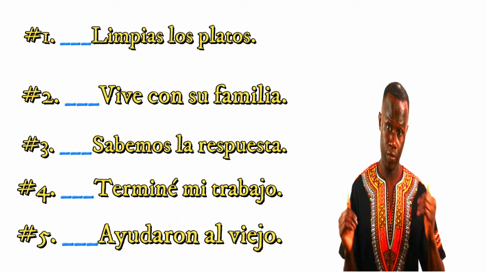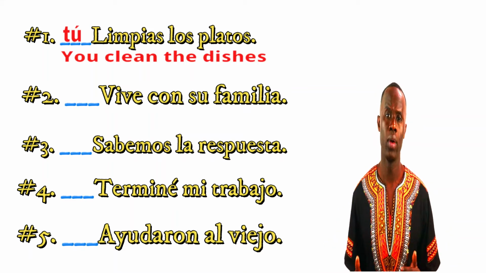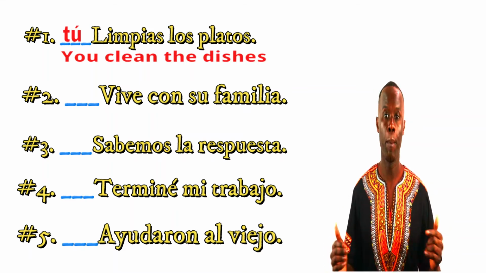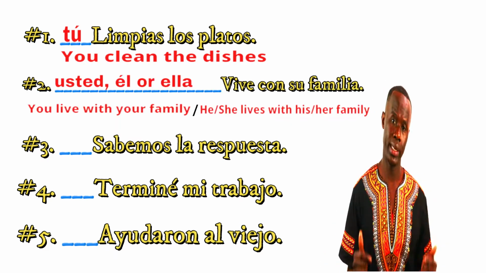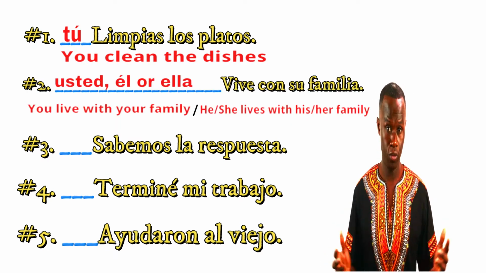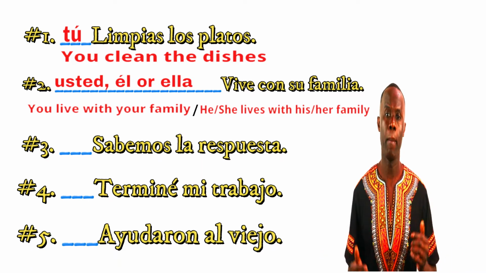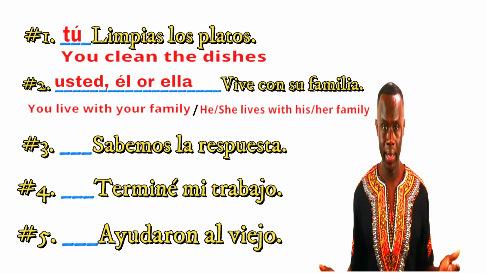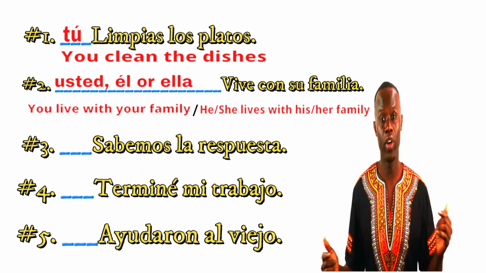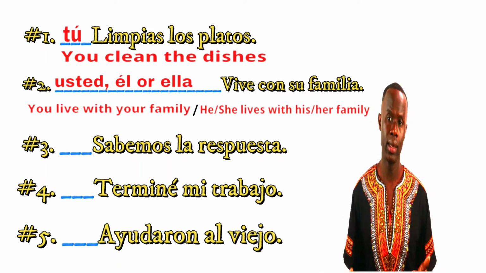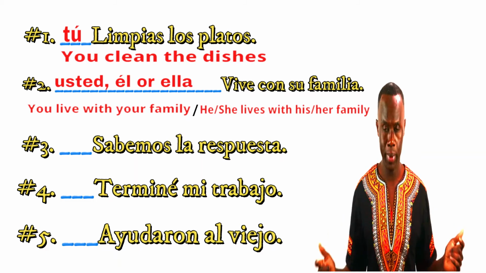Now, the answer for the first one is tú limpias los platos. And the answer for the second one can be usted, él, o ella. For example, usted vive con su familia, o él vive con su familia, o ella vive con su familia.